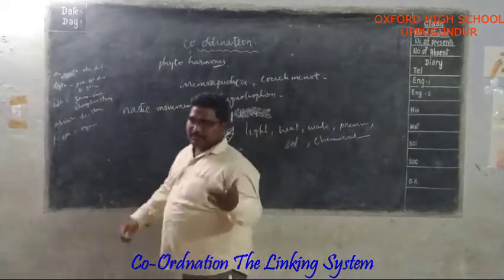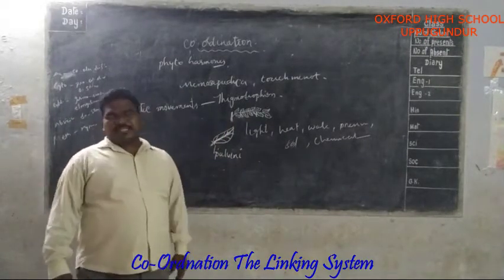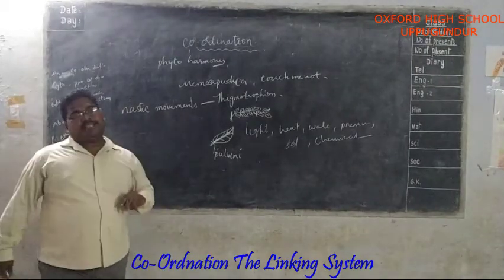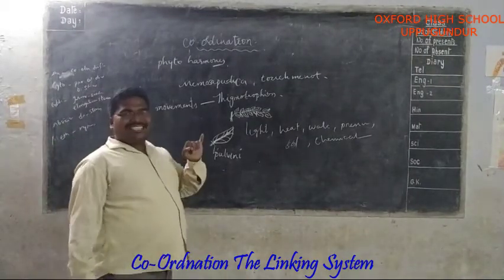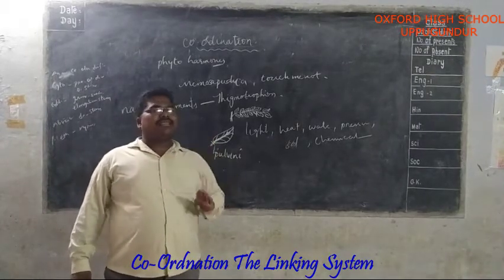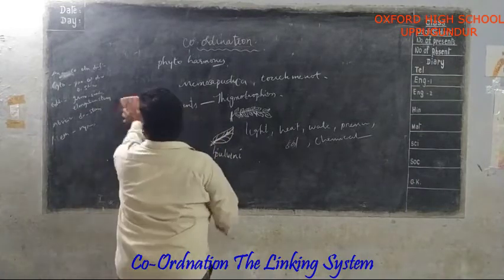They can show different types of responses. I will explain some of the important hormones present in plants. There are 5 hormones present in plants: auxins, cytokinins, gibberellins, abscisic acid, and ethylene. I will explain about them one by one.